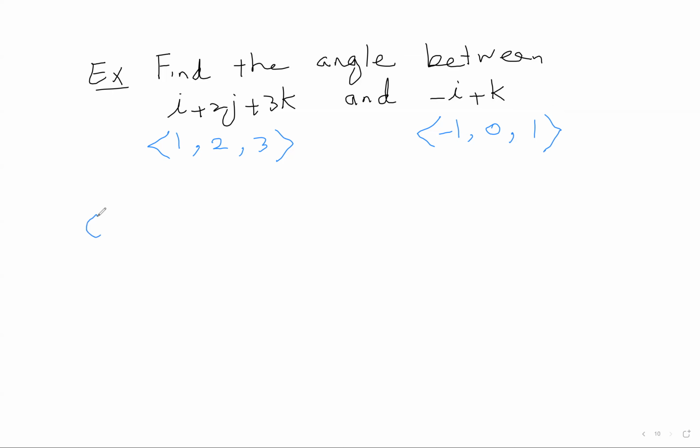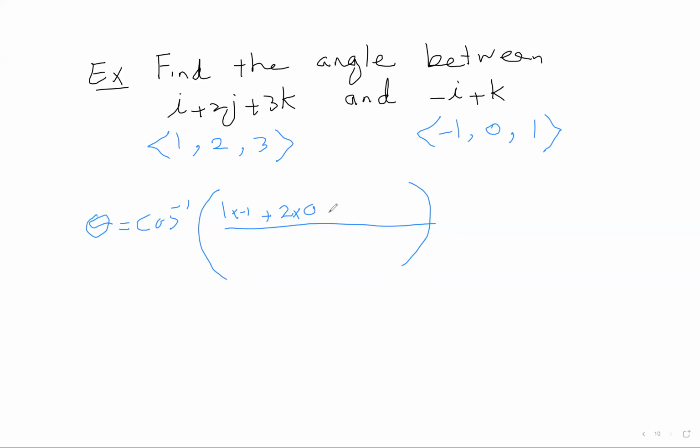So again, theta is cos inverse. First number times first number, 1 times -1. Second number times second number.